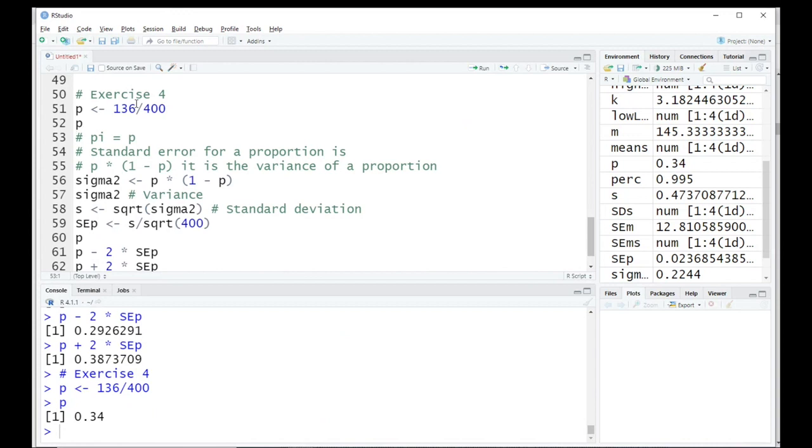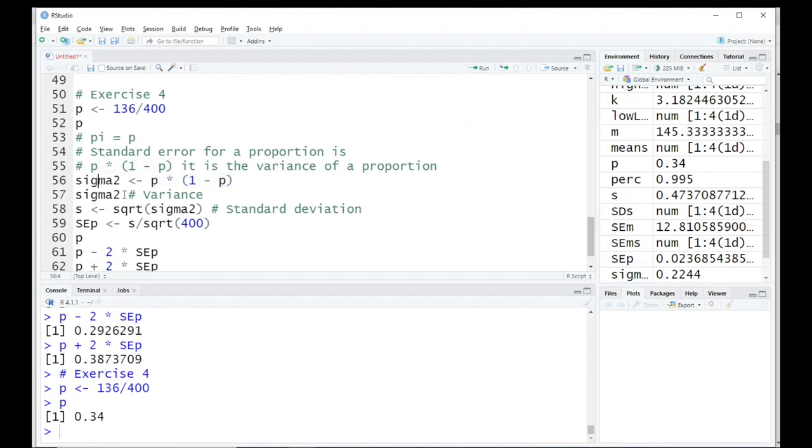How do we build such an interval? First of all, we have to calculate a standard error for the proportion. And the way we calculate the standard error for the proportion is different from the way we calculate the standard error for a mean. In this case, for the proportion, we use such an expression. We take the proportion and multiply it first by 1 minus the proportion. And this is the way to obtain the variance of a proportion.